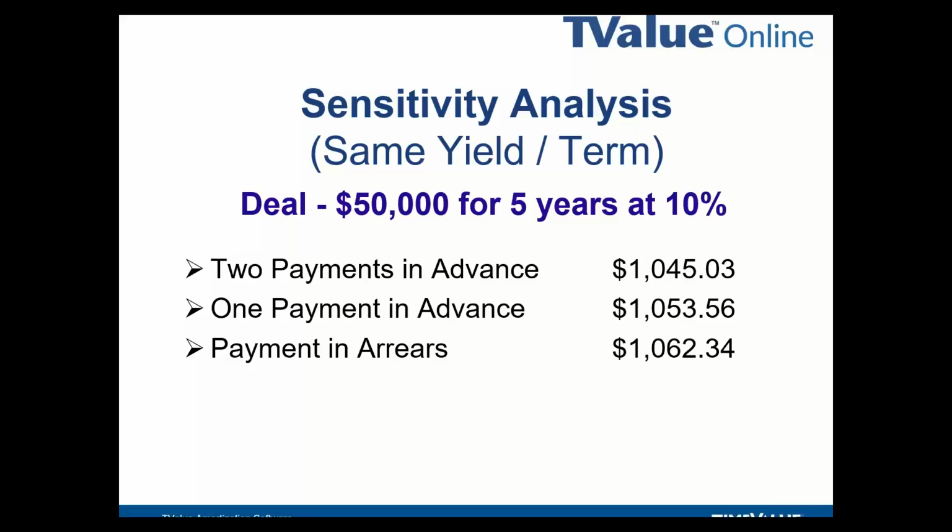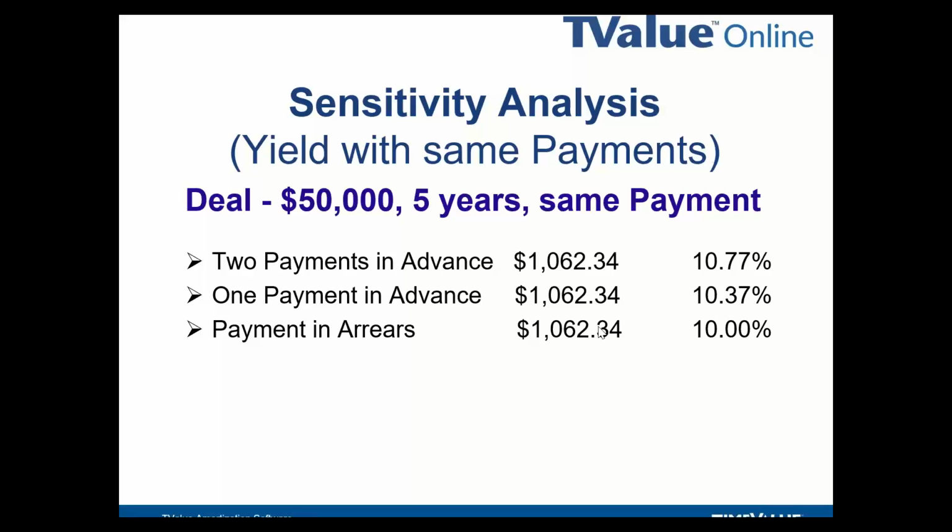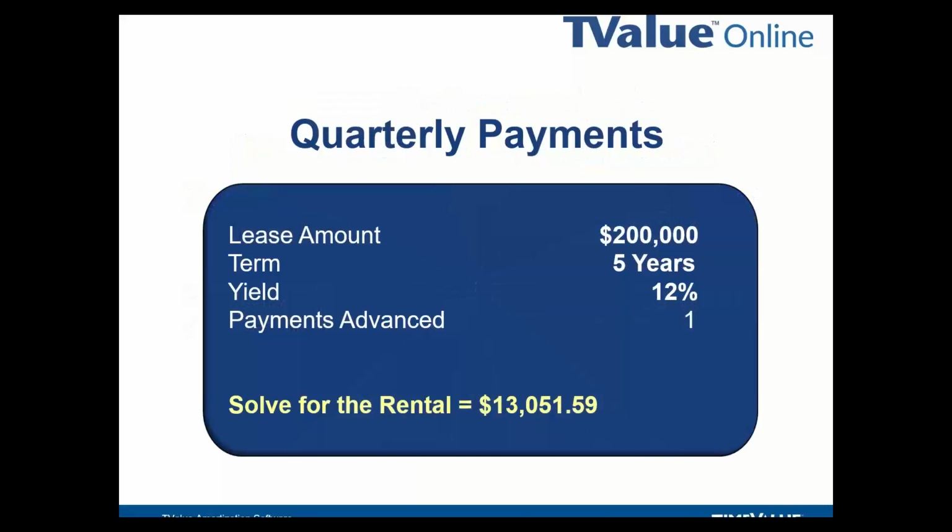So here you have payments in arrears, it'd be $1,062. You had payments in advance. Another way to look at it is you had $50,000, 5 years in the same payment. If you had payments in advance, your yield actually would go from 10% with payments in arrears to 10.77. So time value of money, that extra month or 2 does make a slight difference, both in the payments and or the yield.